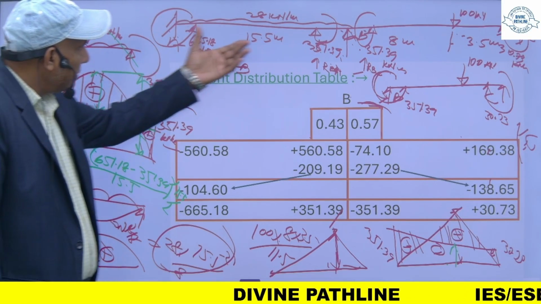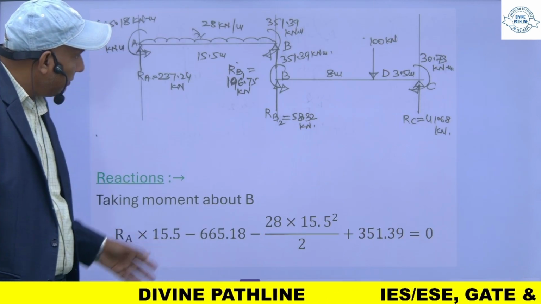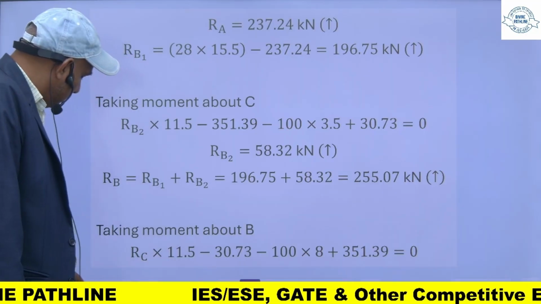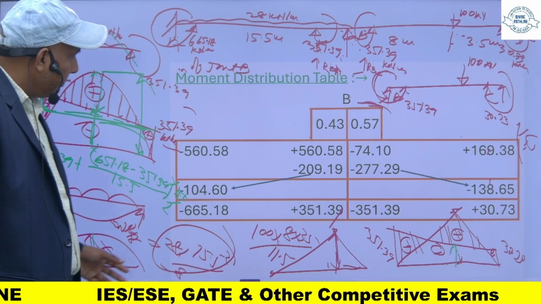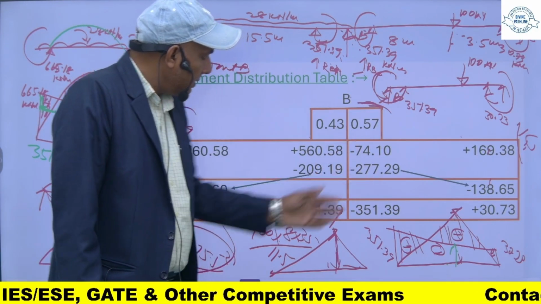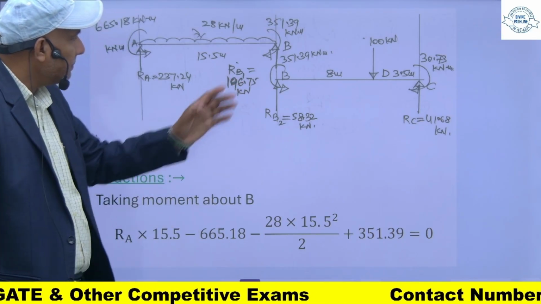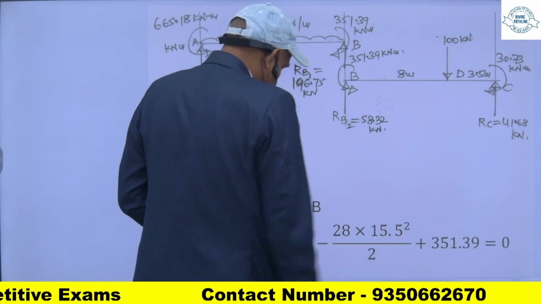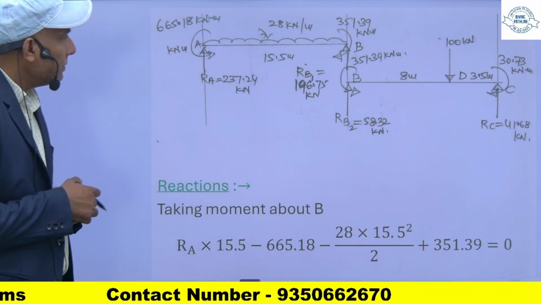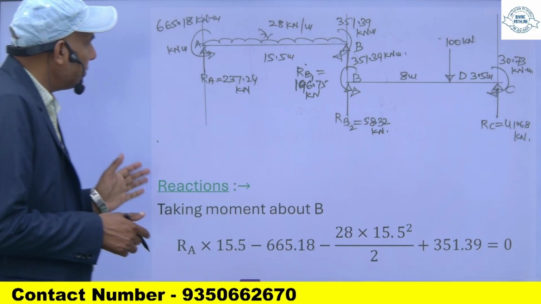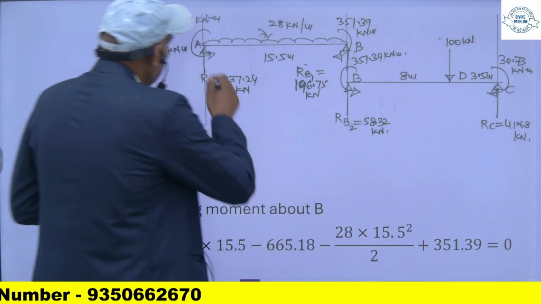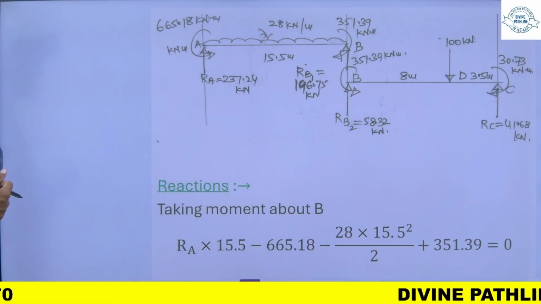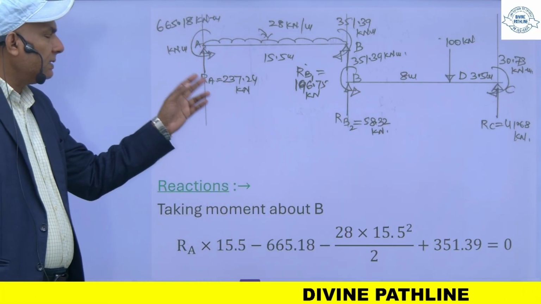For the AB portion it will be like this, and for the BC portion it will be like this. These are the free bending moment diagrams for the AB portion, and this is for the BC portion. These are my moments.